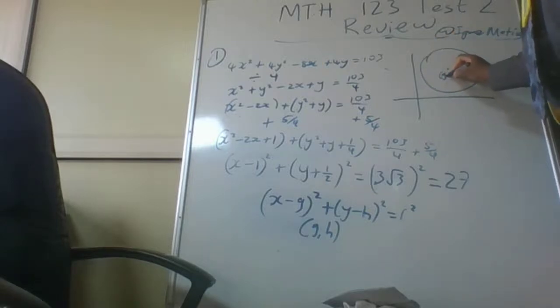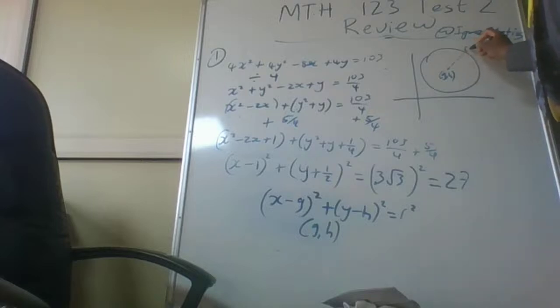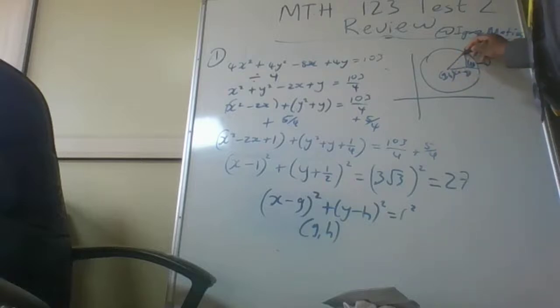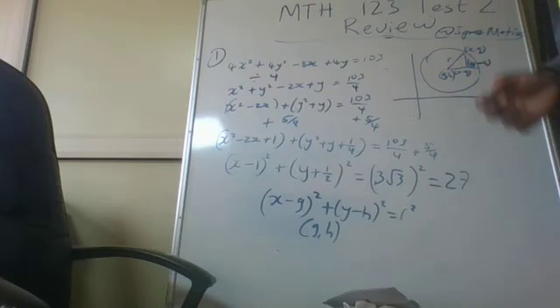The center here is g comma h, and this is a point in your circle, x comma y. You can form a right angle triangle like this, where here is y minus h, and the horizontal is x minus g, and your length here is going to be the radius of the circle.